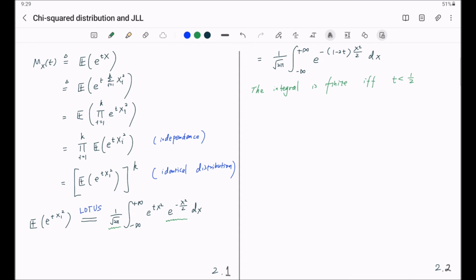And to compute this, we're going to make a substitution. And it follows that this integral will be transformed into this. This is basic calculus. And now if you pull out this 1 over square root of 1 minus 2t, the rest will be precisely equal to 1.